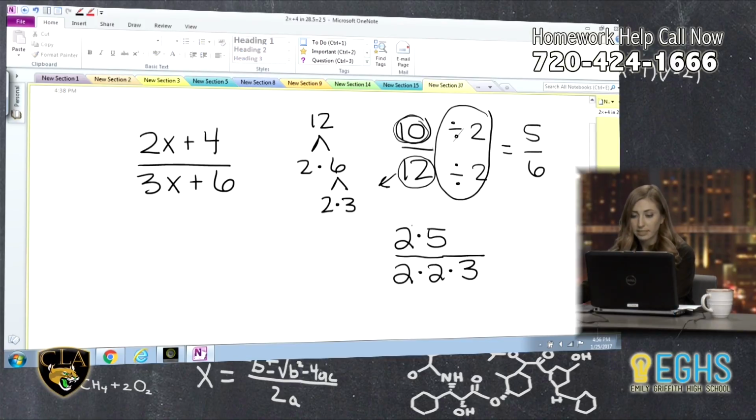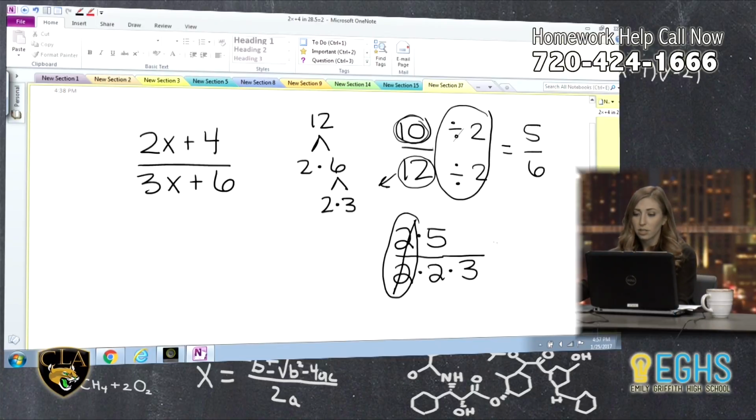Same idea with multiplying: this 2 over 2 is multiplying that fraction. 2 over 2 is equal to 1, and 1 times anything is just itself. So these 2's are unnecessary.